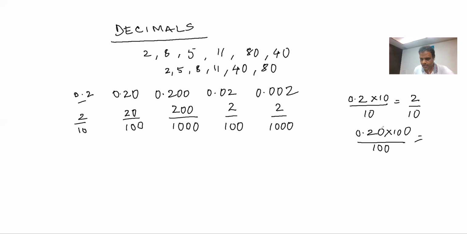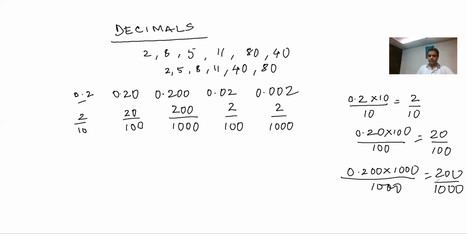The numerator becomes 20 and the denominator becomes 100. For 0.200, to remove the decimal, I multiply by 1000 in the numerator and the denominator, and the answer is 200 upon 1000.